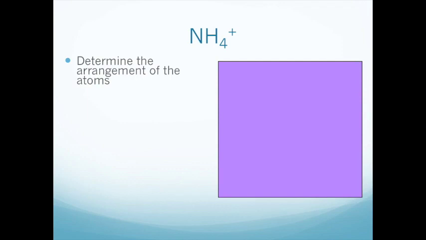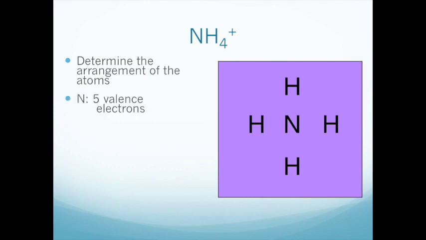From what we learned before, we can deduce that the nitrogen is the central atom and that the hydrogens are terminal atoms. And since hydrogens each form 1 bond, we can guess that they all form a single bond with the nitrogen.